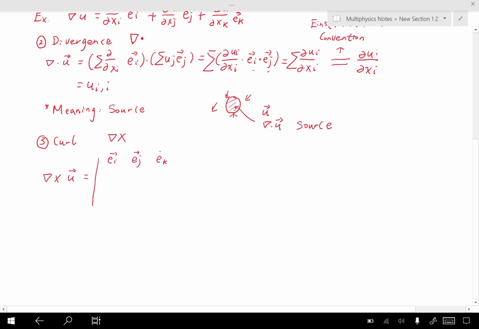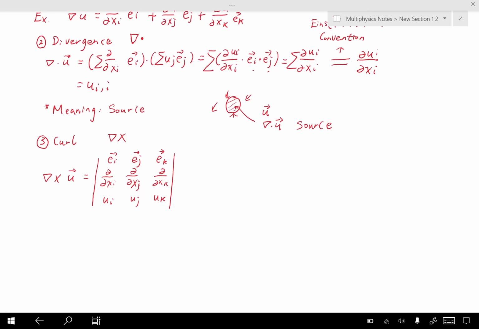And the first row is partial over partial xi, partial over partial xj, and partial over partial xk, right? And here we have ui, uj, uk. So this is curl.